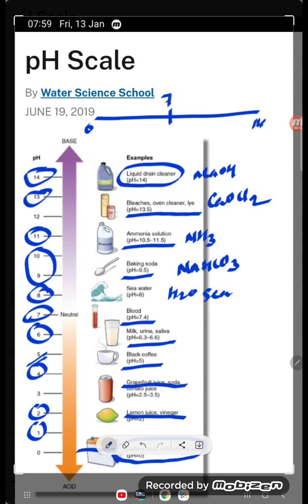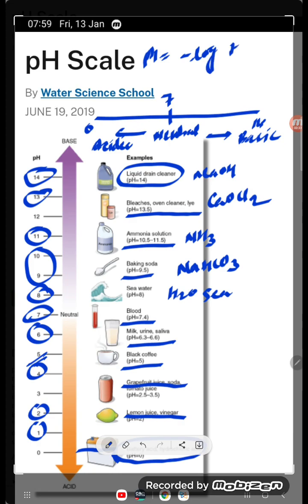If you are talking about 7, it is considered neutral, and going more to this side, it is going to be basic, and less than 7 it is going to be acidic. It is represented as the negative logarithm of H plus ion concentration. This is the general formula we use.